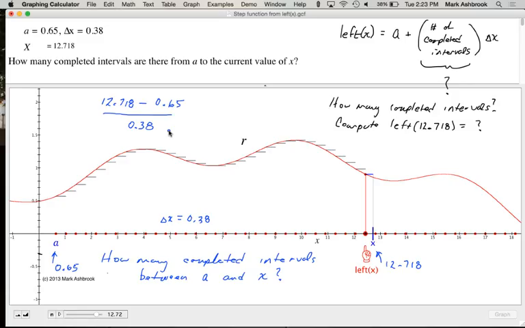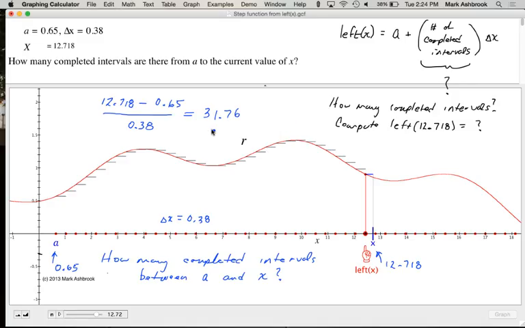And so when you do that calculation, what do you get? 31.76. Someone else get that? Just to be sure? Okay. So there's 31.76 completed intervals. Is that right? No. How many completed intervals are there? 31.